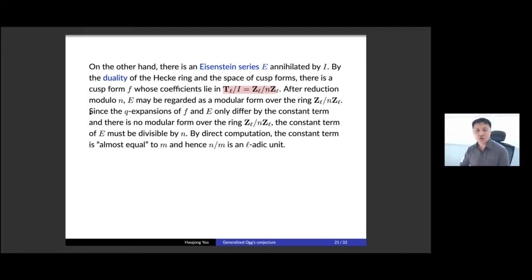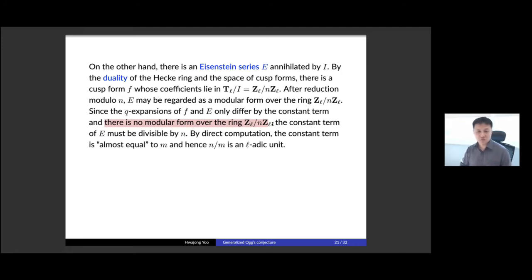So the Q-expansions differ only by constants, and there is no modular form over this ring when we assume that L is at least 5. I should say more: there is no modular form over the ring whose Q-expansion is a constant.